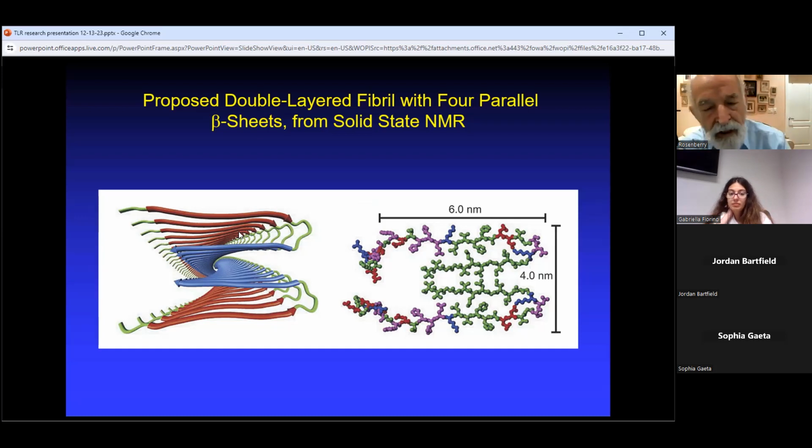But as research on A beta progressed over the years, people began to wonder whether the fibrils were in fact the infectious form. Today that's still an open question. There are half a dozen different types of A beta fibrils, A beta 40 and 42 fibrils in particular.